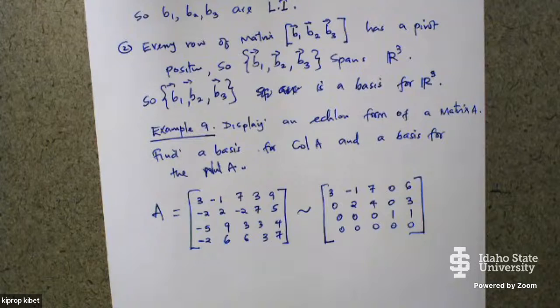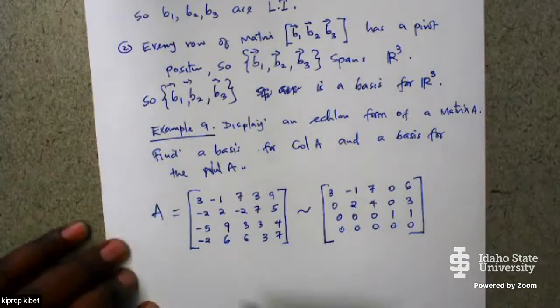The vectors that give us the pivot positions are the basis for the column space of A. This is the first vector, this will be another one, and so on, for the column space of A.